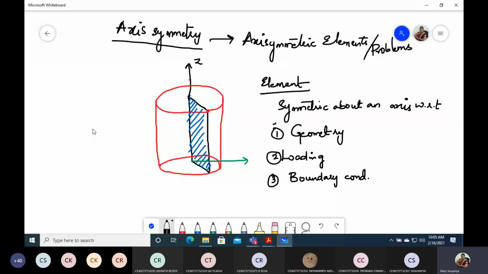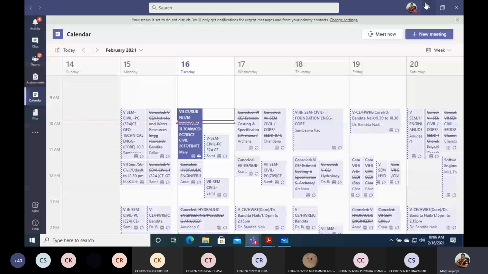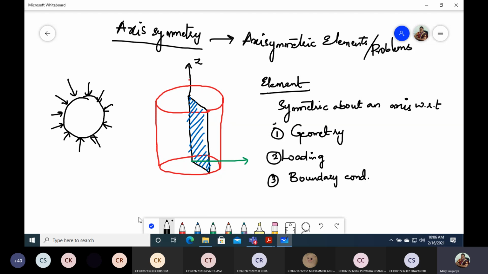Now, when the load, internal or external, is applied, if this is the cross section, supposedly if this is the UDL, it has to be symmetric about the axis also.